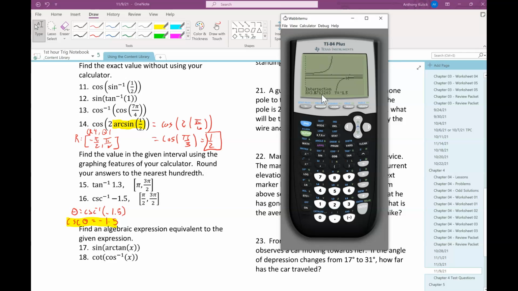Yes? I got it. My calculator doesn't show the same. There's not two. There's what? There's not two lines. Oh, two parts of cosecant? Yeah, there's only one. Well, it depends on what your window is, like what your y's are. Maybe your y window is different than mine was. No. Was that the issue? Yeah, I just don't.